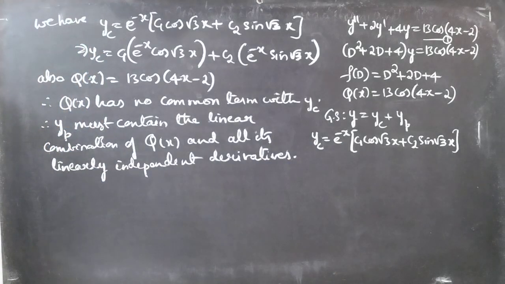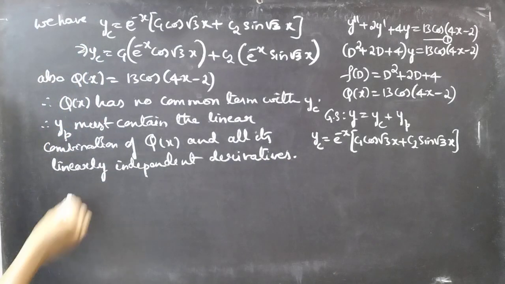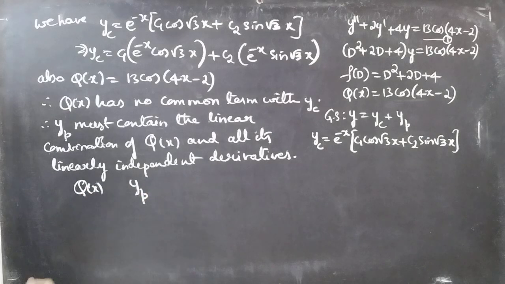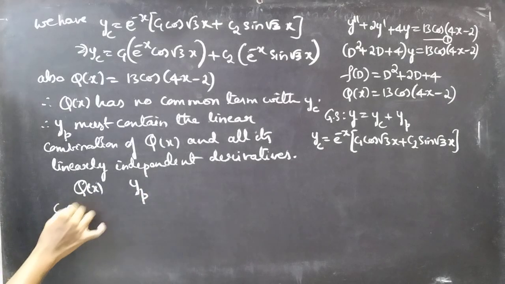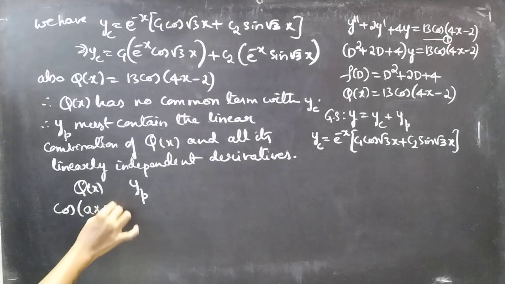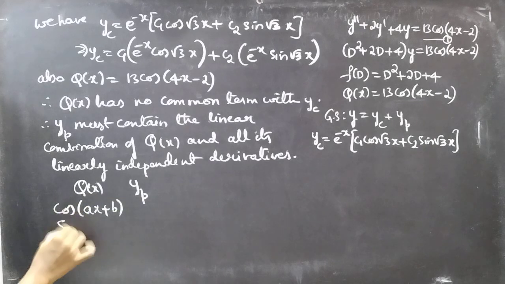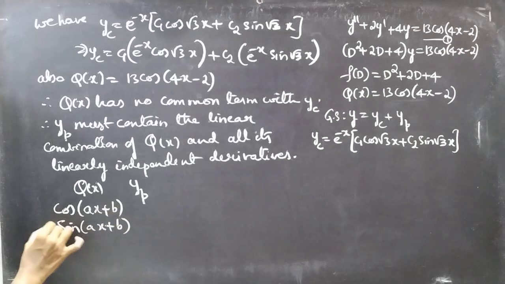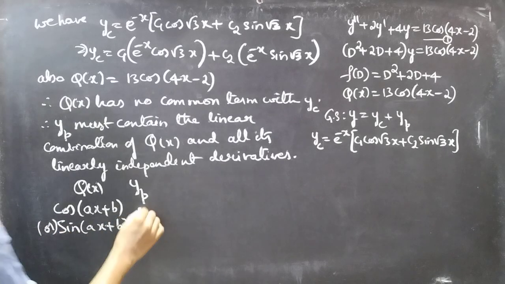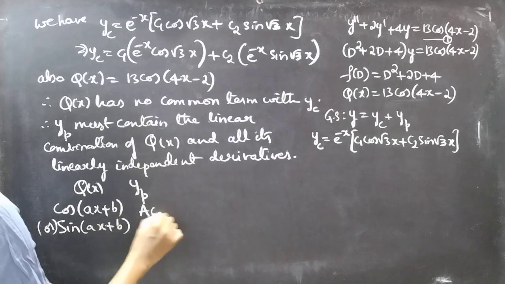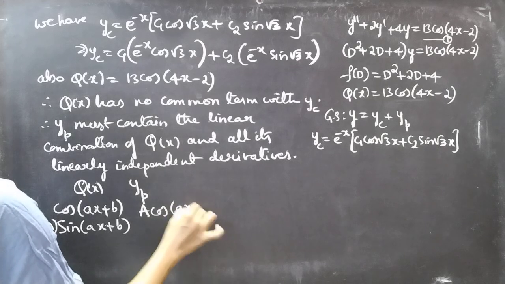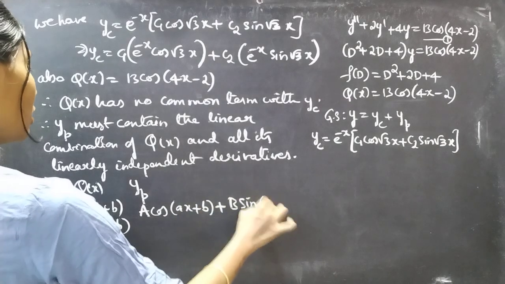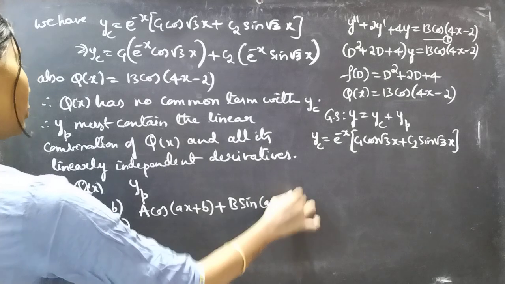Okay, let's now see the direct formula for yp. If q of x is cos of ax plus b or sine of ax plus b, yp will be a cos ax plus b plus b sine ax plus b.